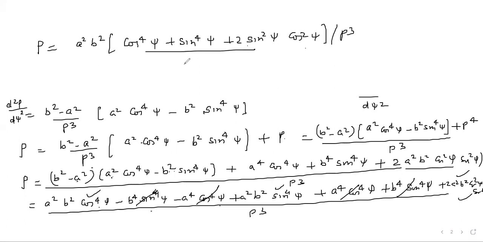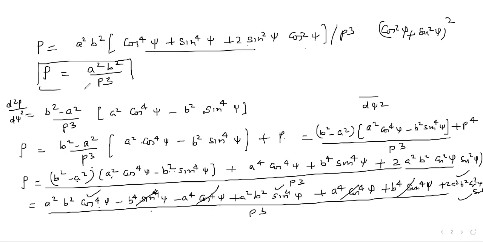This will become 1 because this is cos square psi plus sin square psi whole square. So we will get radius of curvature equal to a square b square divided by pq. So this is the required answer.